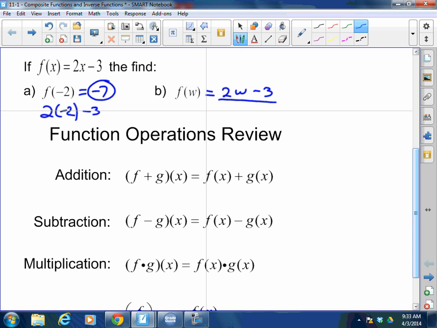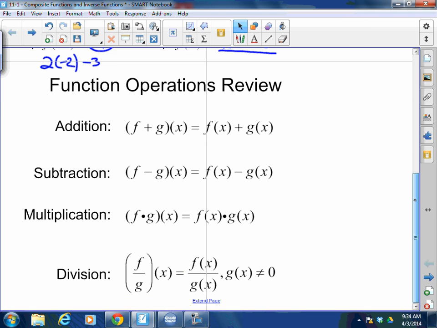Done. This is just evaluating a function. If I give you a function and I tell you evaluate f of blank, you plug in that blank, whatever it is, into every single x value of the function. That makes sense? You guys remember that? That's why I'm going kind of fast. Please slow me down if you need me to slow down.